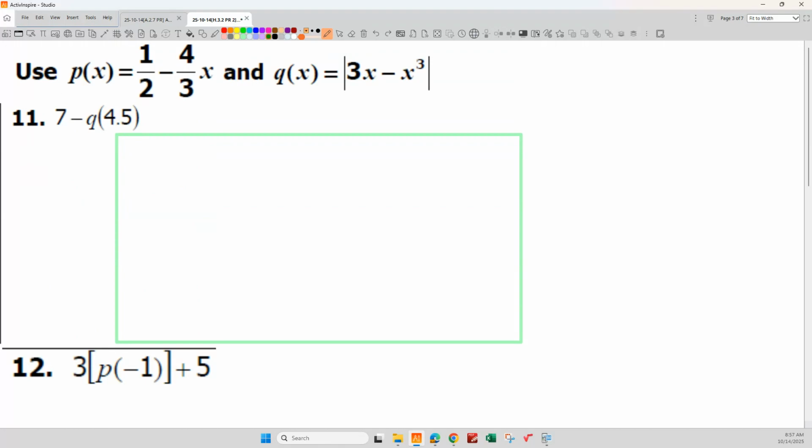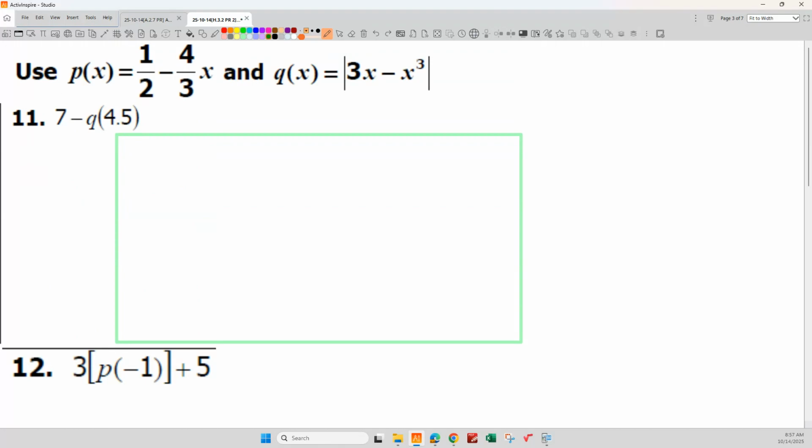What would be your first step? What do we think? Avery, what would you do? What's that q of 4.5 mean? Just an output number, right? Okay, so I need to know what number to subtract from 7, so how would I do that? Yeah, calculate q of 4.5.